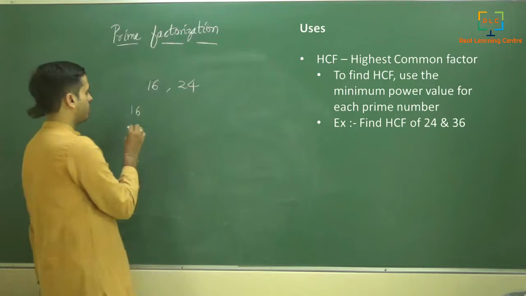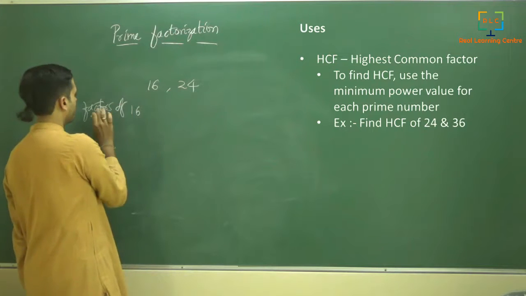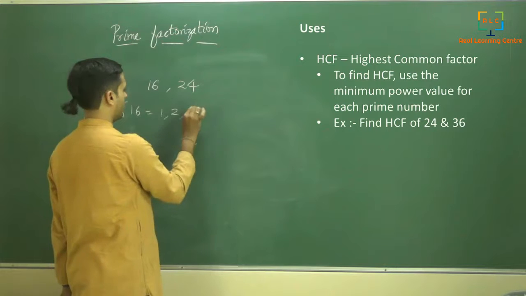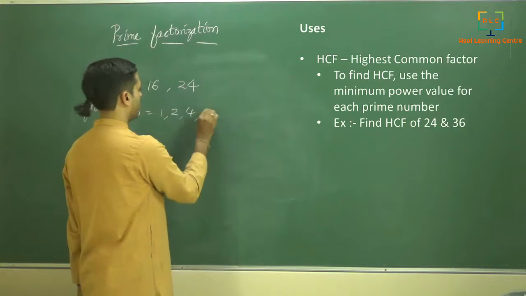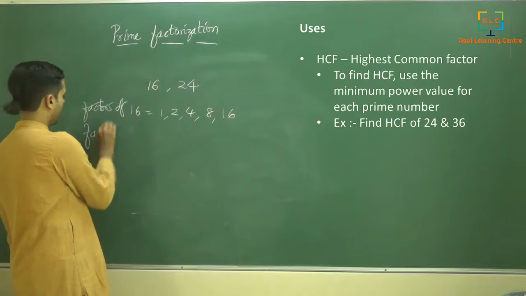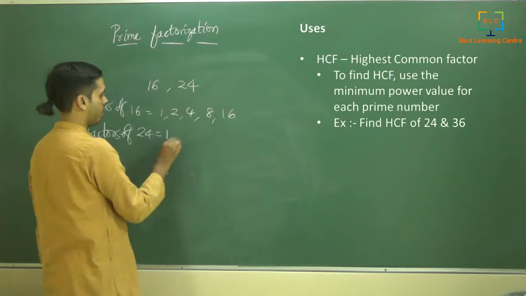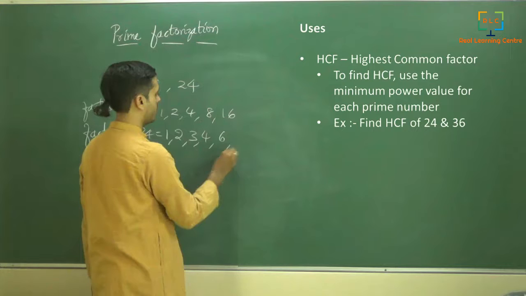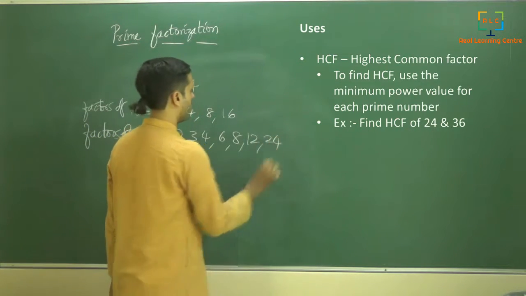what are the factors of 16? 1, 2, 3 is not there, 4, 5 is not there, 6 is not there, 7 is not there, 8, then 16. What are the factors of 24? 1 is there, 2, 3 is there, 4, 5 is not there, 6 is there, 7 is not there, 8 is there, 9 is not there, 10 is not there, 12, and finally 24.